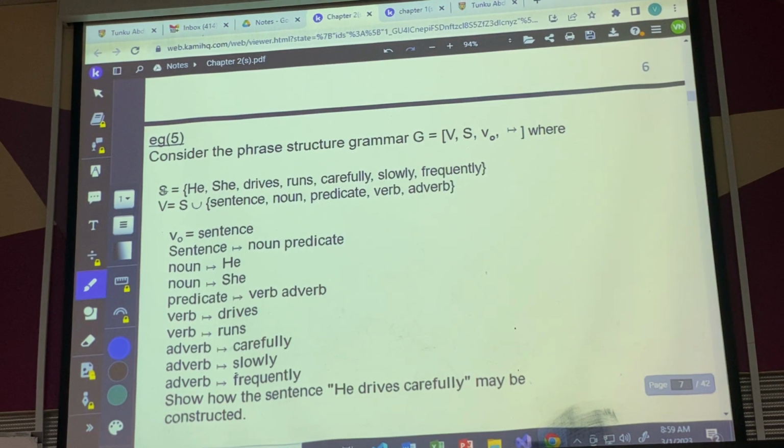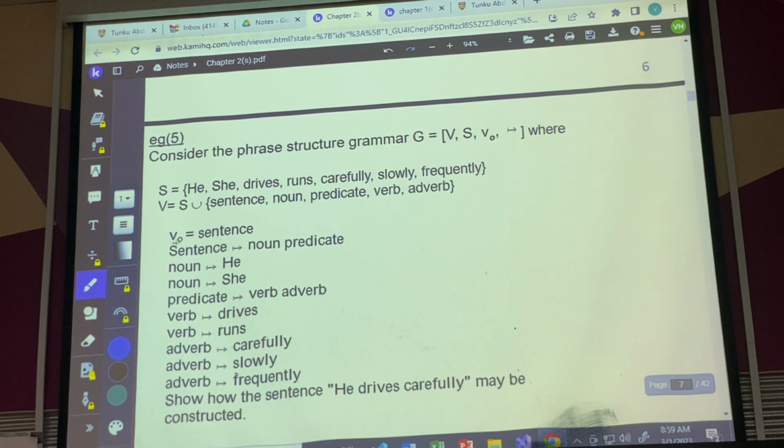The V here will be the set S combined with all these words where we don't use this in our final sentence, but from the steps of the substitution, we need to show it one by one. Okay, so the starting point, we will have the sentence. We use the example of English sentence first, then later on only we go to the symbol.